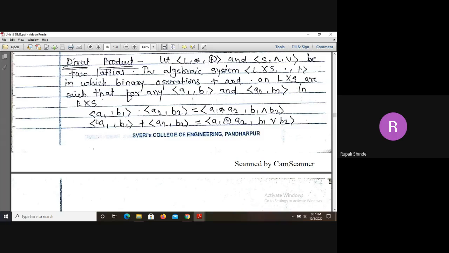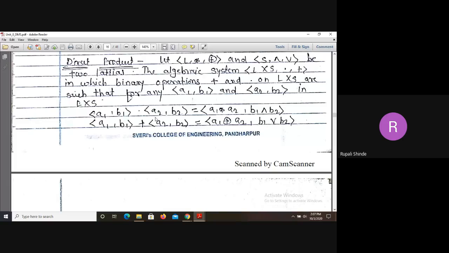So now consider a1 a2. So a1 a2 belongs to this first set L. Now for this set, what is the operation we have defined for this dot? Dot's similar operation कुठला आहे? Star operation. So for this a1 a2 we will write a1 star a2.